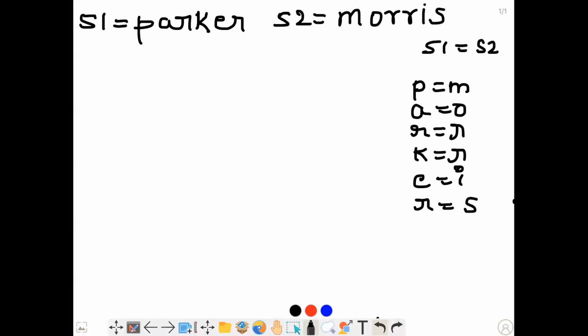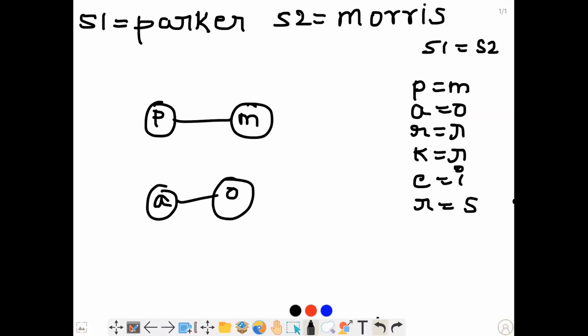So let us consider them as the edges. Another point to observe is if P equal to M, M equal to P. If you want to form edge between P and M, it will be undirected. Okay. So let us form the edges. So we have edge from P to M, and then we have edge from A to O, and then we have edge from R to R. R to R is a self edge.